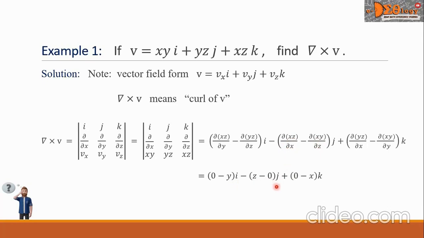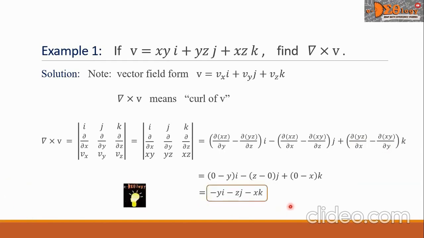Then the j is here. Plus partial derivative of yz with respect to x is 0. Minus partial derivative of xy with respect to y is x. Then we copy component k. Simplifying this now, we have negative y i minus z j minus x k. This is the final answer.